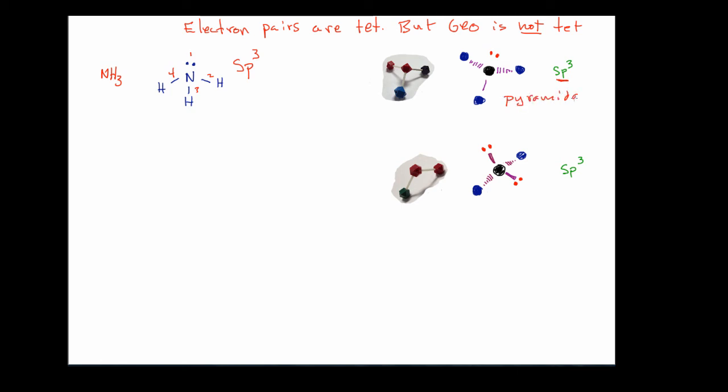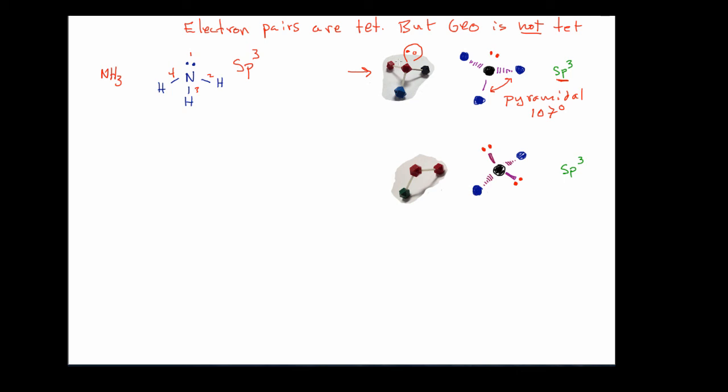I've provided a picture here for you to look at so you can see its shape. The bond angle is going to be 107 degrees, the bond angles between the respective atoms. The electron pair here, I'll put it in, is sitting up here on top, in the space above the nitrogen.